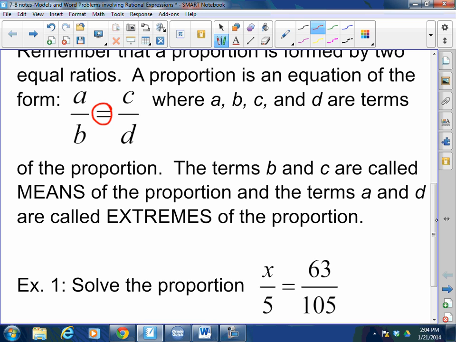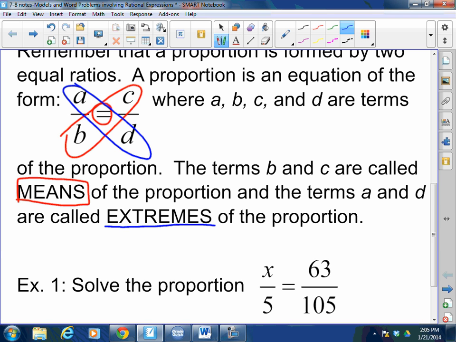The terms B and C are called the means of the proportion. And A and D are called the extremes of the proportion. Later on, like I said, in geometry, you have a lot of uses for this.